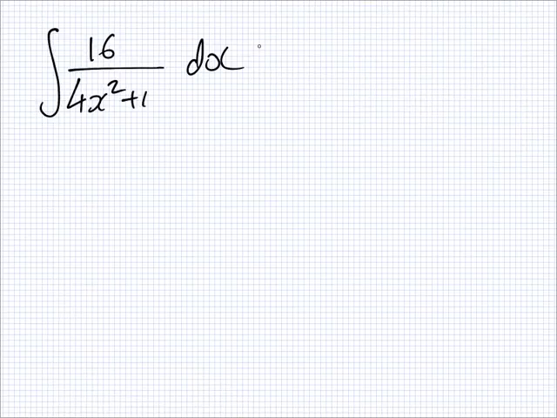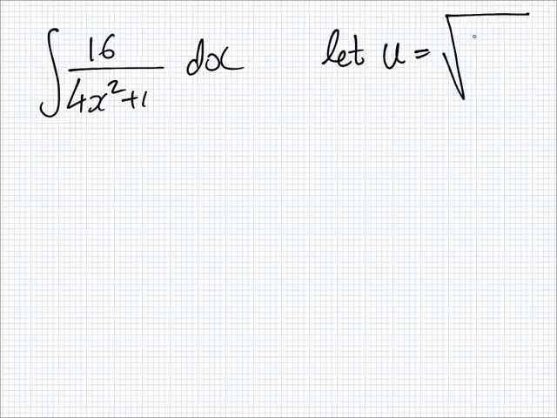So there's a trick here to simplify. What you do is you let u equal the square root of 4x squared over 1.